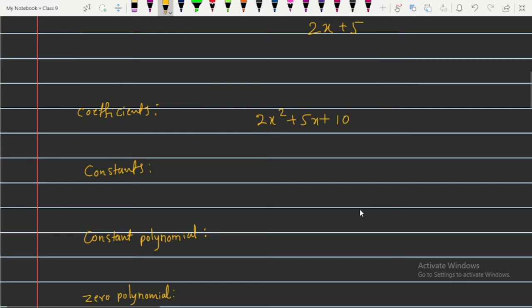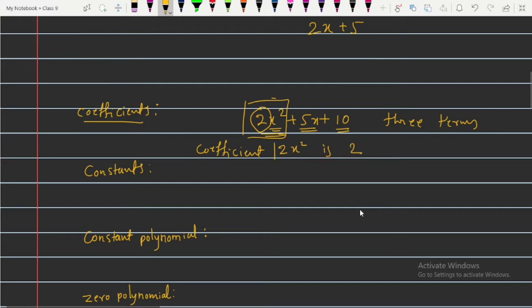In this expression we have three terms: one is the constant term, one is 5x, and one more is 2x square. If I want to find the coefficient of x square, I have to go to the 2x square term, and the coefficient of 2x square is 2.